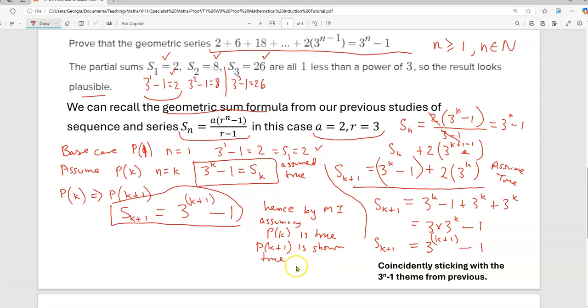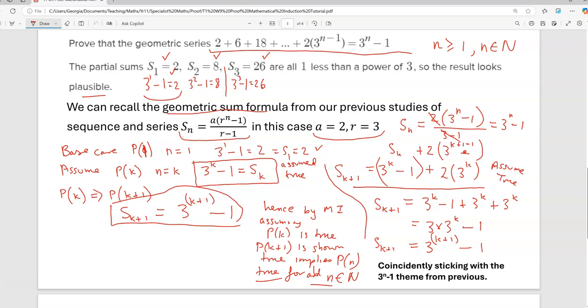We were also able to show that was true. And that implies that it's true for all n natural numbers. So P of n is true for all n natural numbers. Okay.